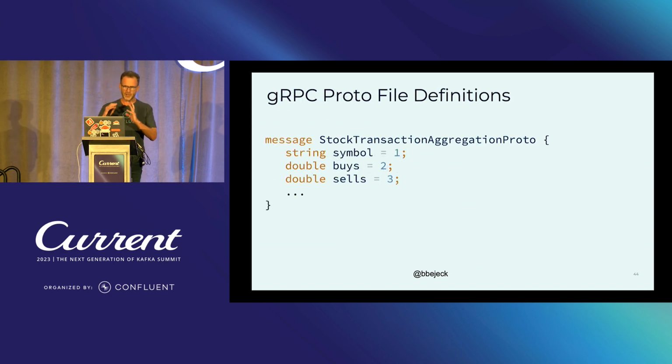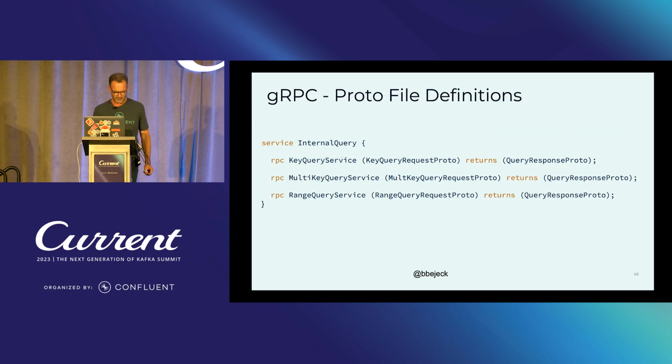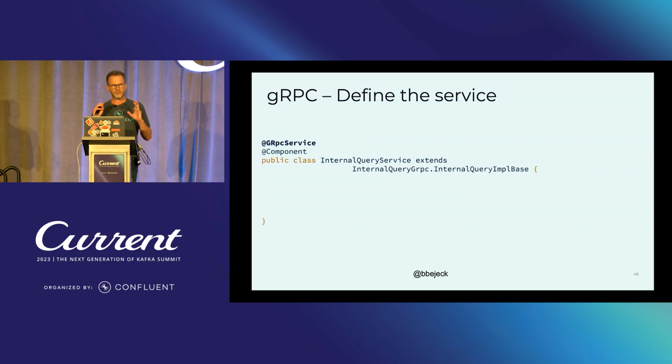So this is our aggregation that we've got as a proto definition. And then within the proto file, we're just going to define this service. And these are our service methods that we have. And then the plugin will generate a base class for you that you need to extend.